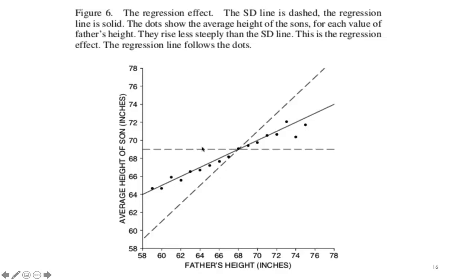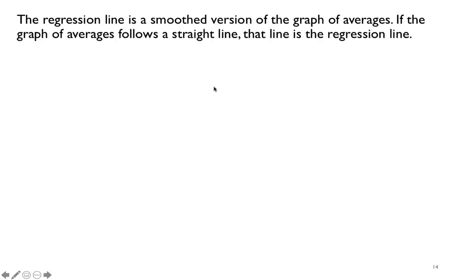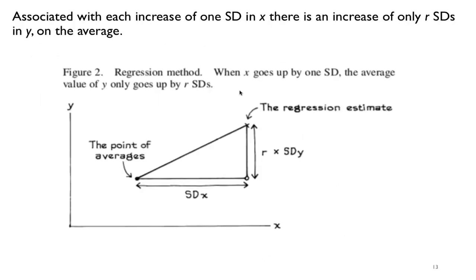And notice in this case that the regression line rises less steeply than the SD line, and this is called the regression effect. The regression line follows the dots, and the way you see that is that the SD line has a slope of SDY divided by SDX, but for the regression line, the rise is hampered, or dampened a little bit, by the correlation coefficient.